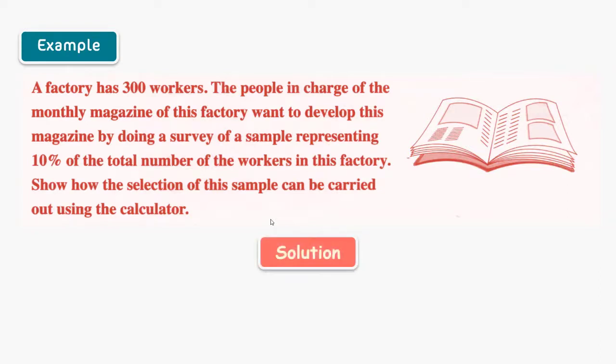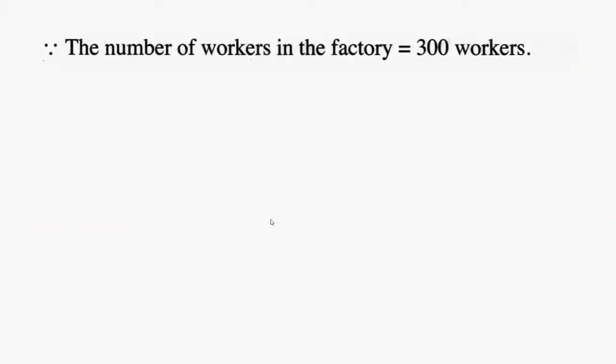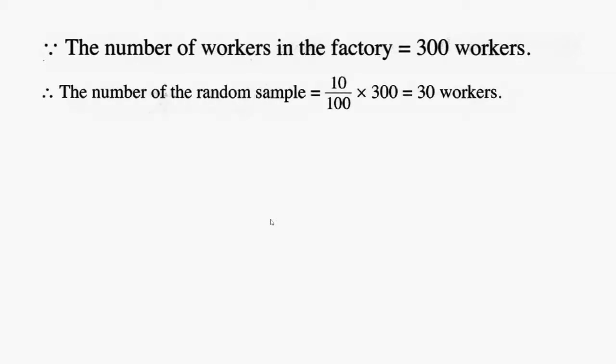To solve this example, we need to determine 10% of all the workers in this factory. The number of workers in the factory equals 300. So 10% of this number equals 10 over 100 times 300, which equals 30 workers.